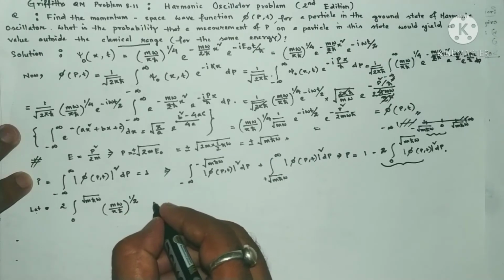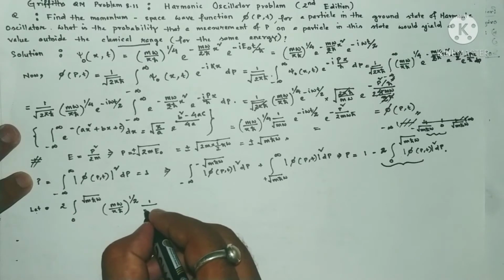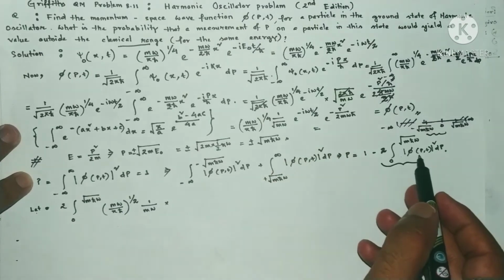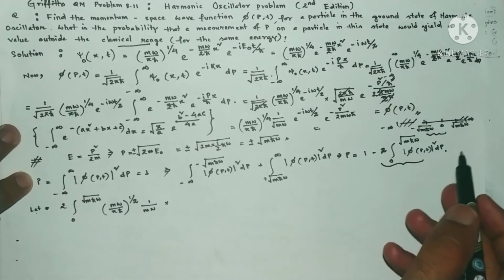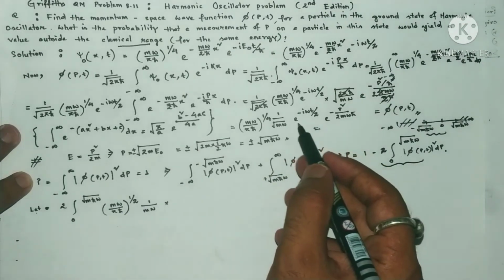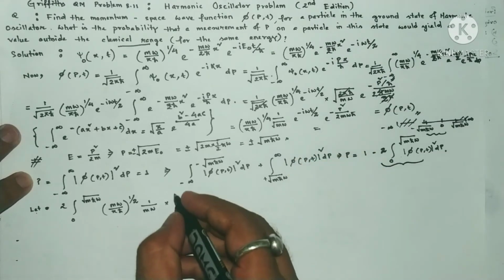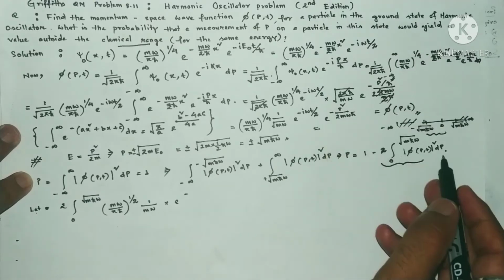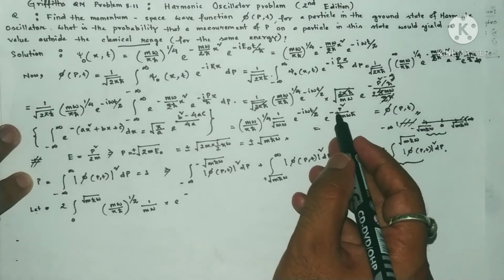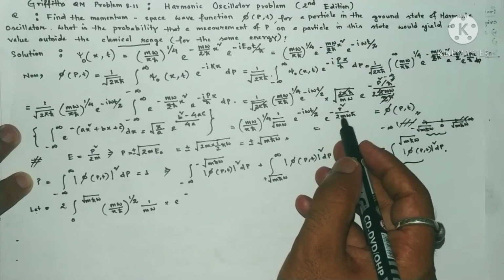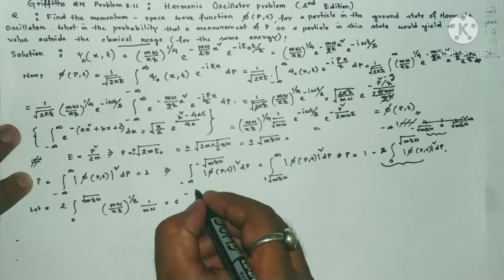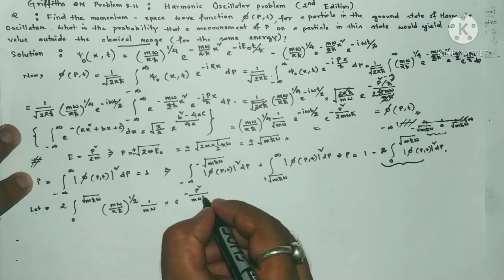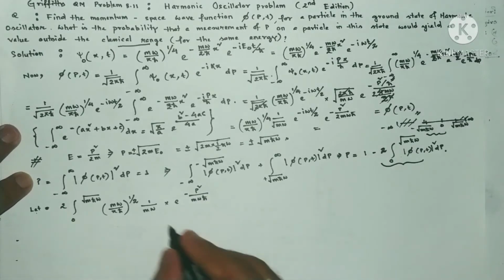Then we have 1 by m omega, and since it is a complex conjugate, phi star multiplied by phi, at that time these terms will cancel out and we will be left with e raised to minus, here 2 is there, because there is a square, a 2 will come in the numerator, then that 2 and 2 will get cancelled, so we will be left with p square by m omega h cross, right?